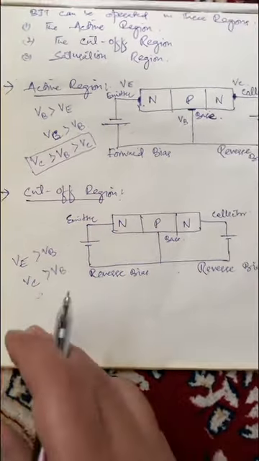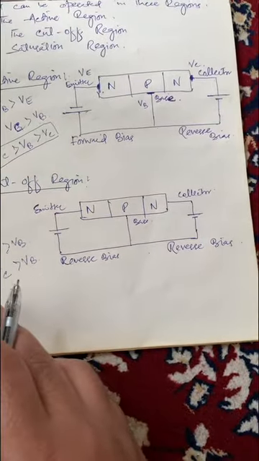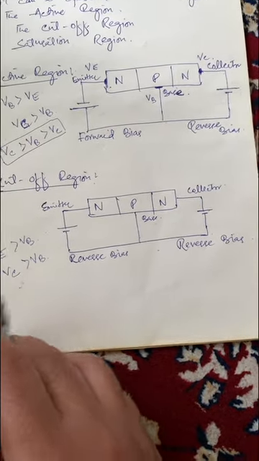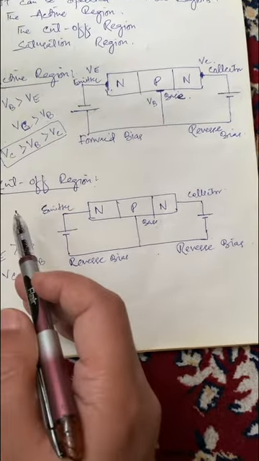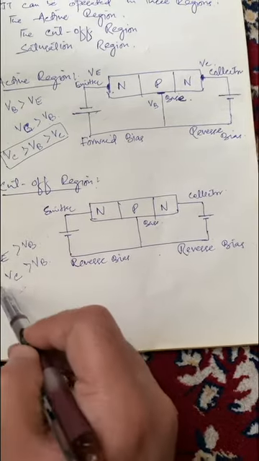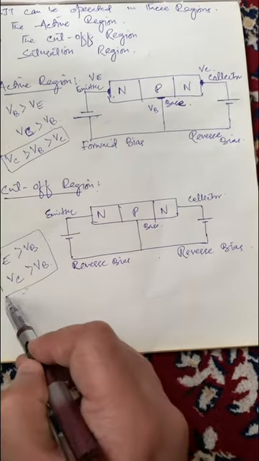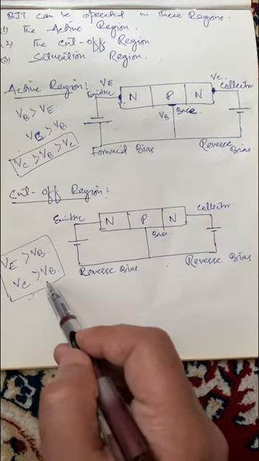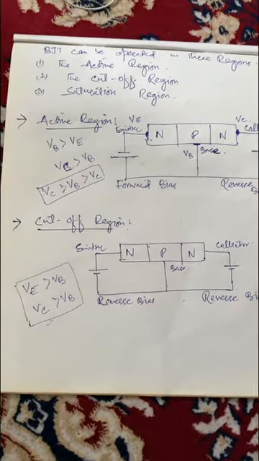This is the condition which must be obeyed in order to operate BJT in cutoff region: VE should be greater than VB, and at the same time VC should be greater than VB.